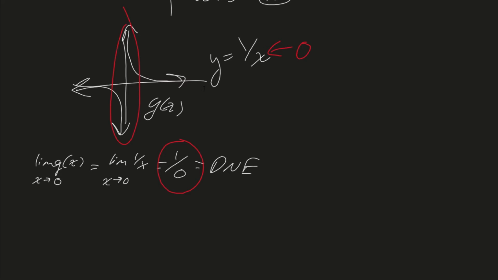So anytime you get an integer not equal to 0 over 0, it's DNE. The only time this is not the case is when you get 0 over 0. That is something that we will discuss later. That is not DNE. That means something else. So this is how we see DNE represented algebraically.